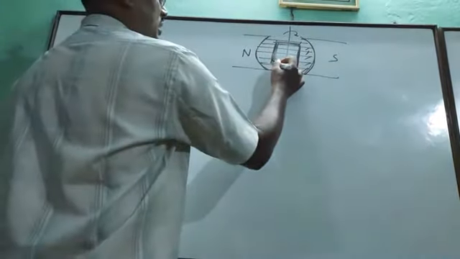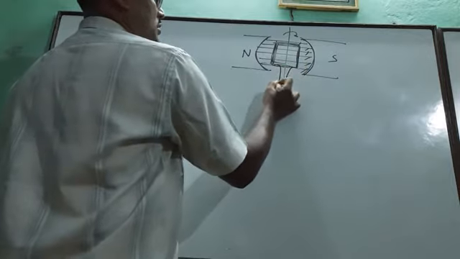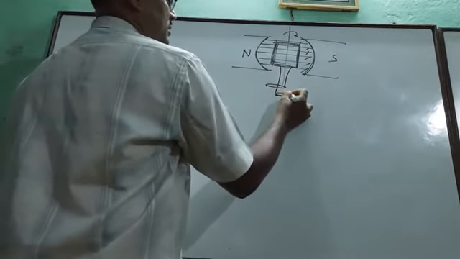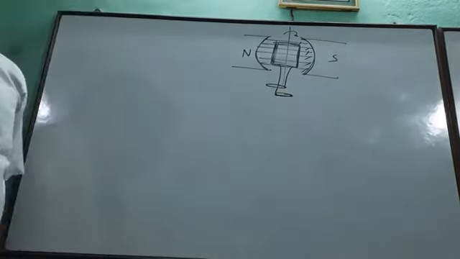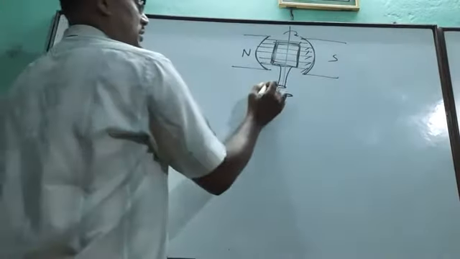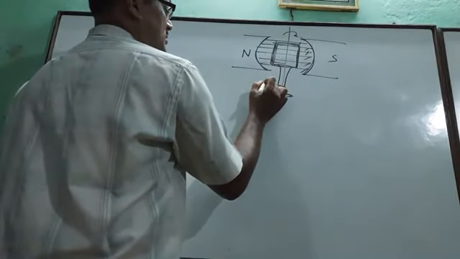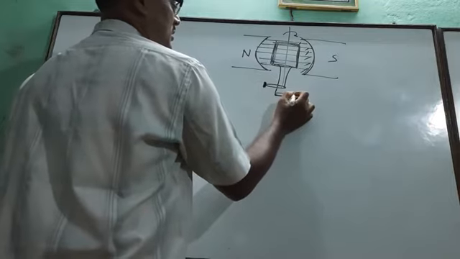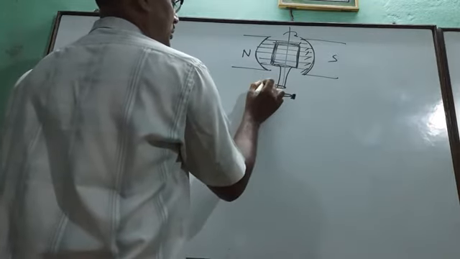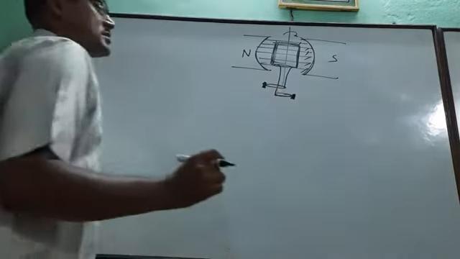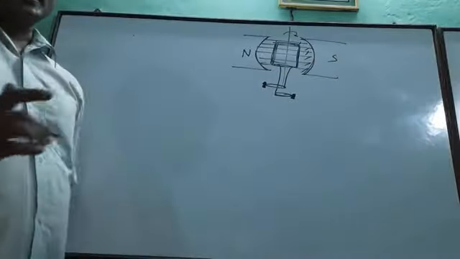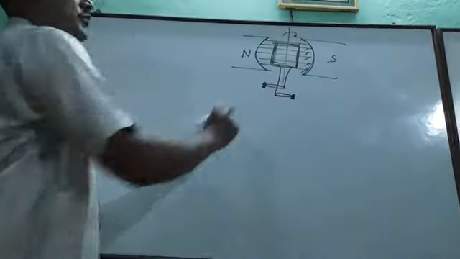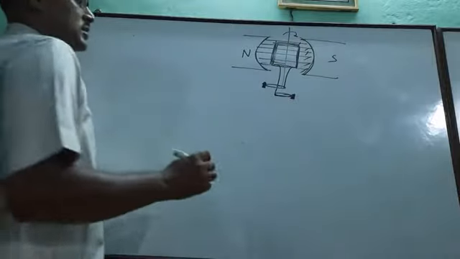Now, two ends are coming from this coil, and two rings are connected. These are known as slip rings. And with these rings, we have to place two graphite brushes just touching the rings. Okay, there is no fixed connection, only touching the rings.